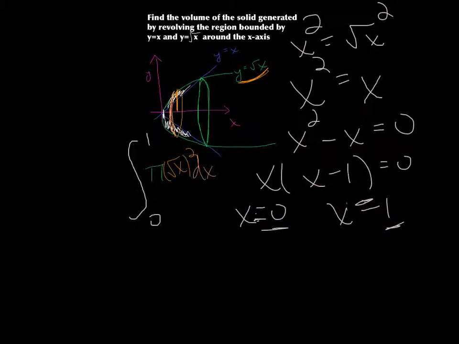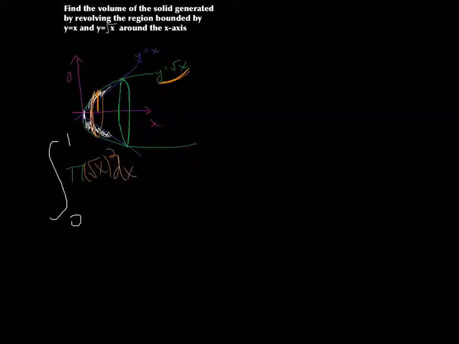However, now we need to also find the volume of the inside to subtract them. So we would subtract the integral of the inside, which is also going to be from 0 to 1. So let's think about that. We need to construct a disk on the inside.